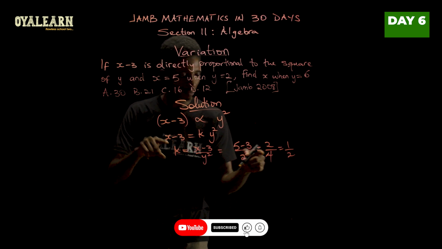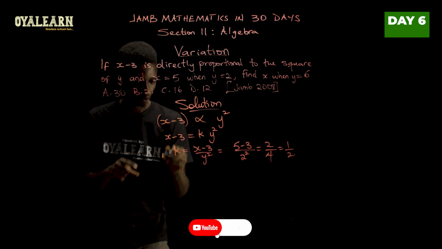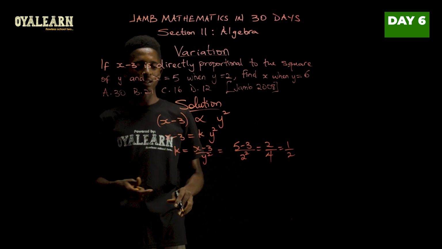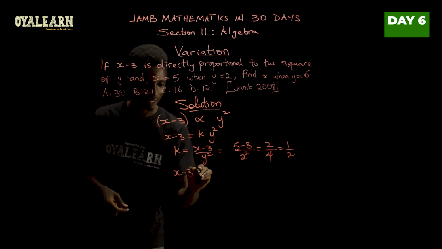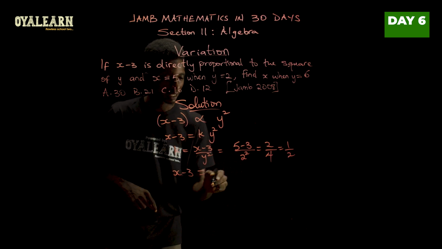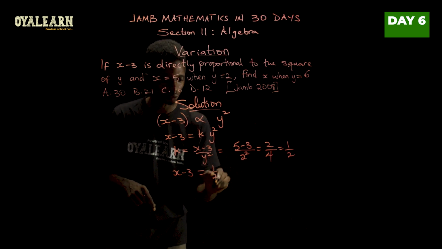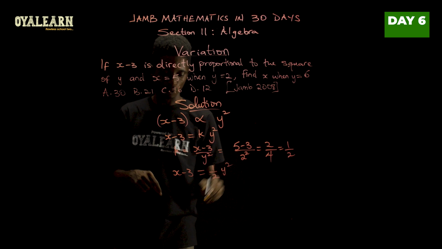From this we can write an equation that shows the relationship between x minus 3 and y. The equation will be x minus 3 equals k, which is 1 over 2, times y squared.